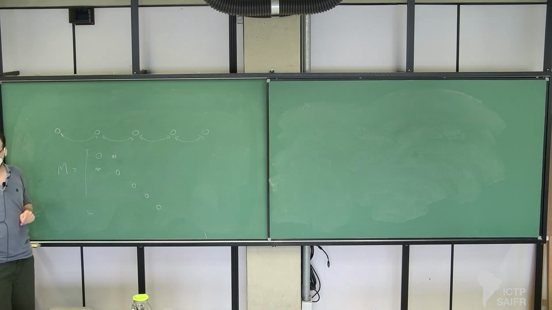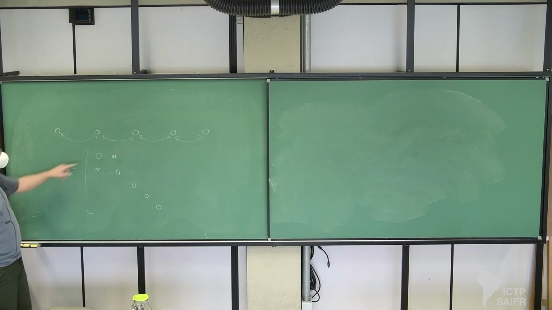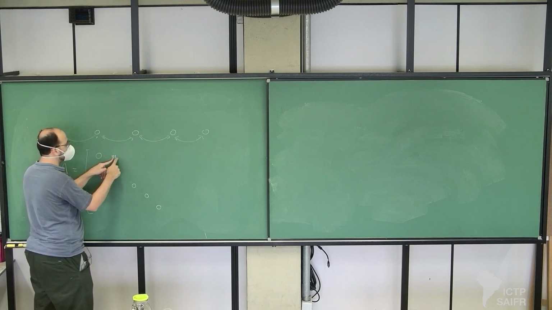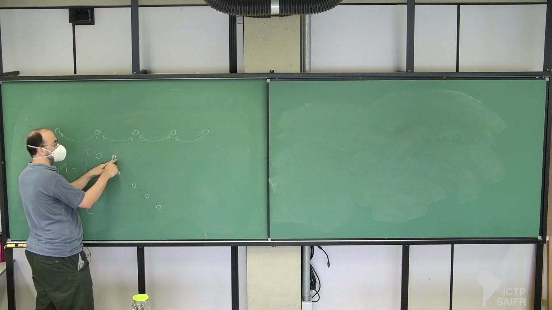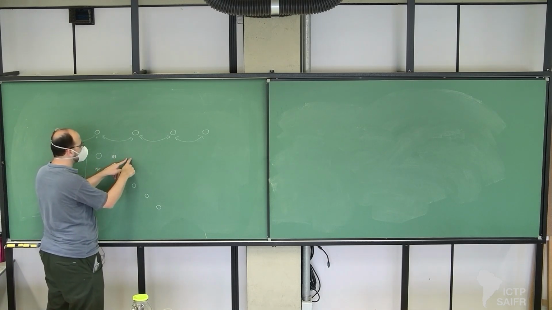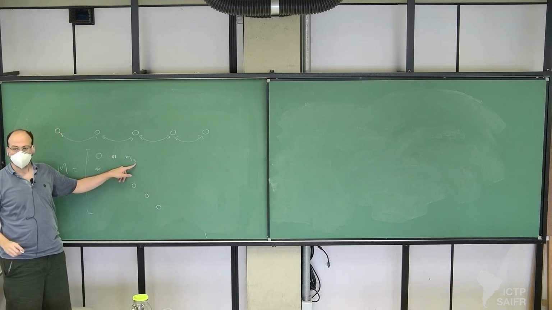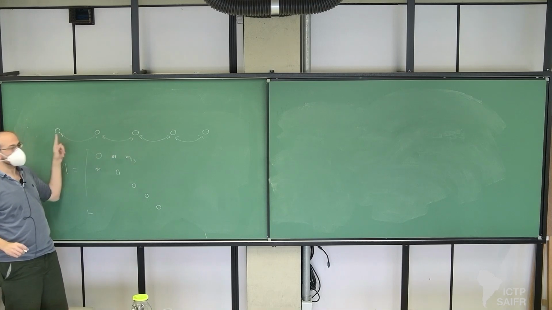So this line here: this is migration from patch 1 to patch 1. This is migration from patch 2 to patch 1. The first element here is M13, that is migration from patch 3 to patch 1. But patch 3 is not connected to patch 1 now. So what is the value of this?